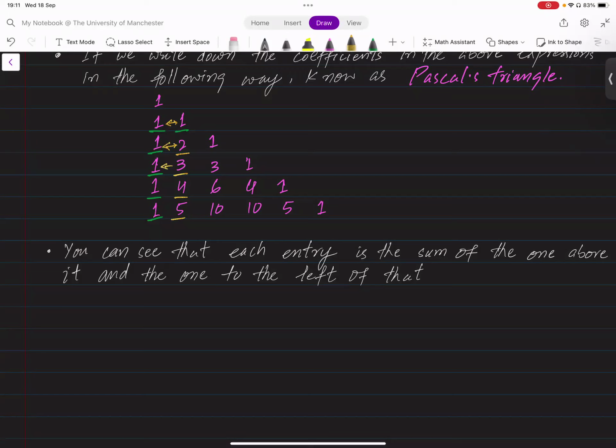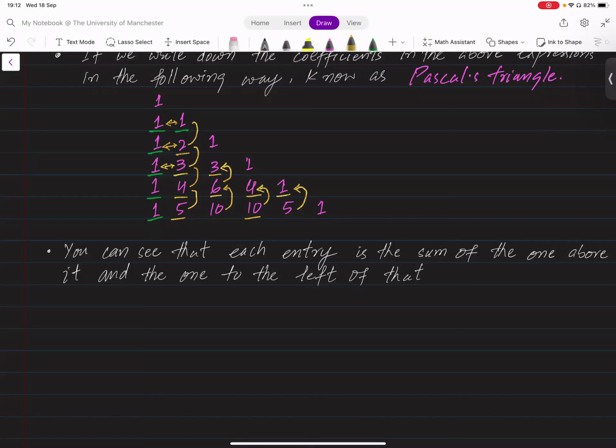And 4 is the sum of these two. So your 2 goes here, 3 goes here, 4 is the sum of these two, then 5 is the sum of these two, and then 10 is the sum of these two, 6 is the sum of these two. So you can go on like that, and similarly 5 is the sum of these two. 1 is only there, something like that.